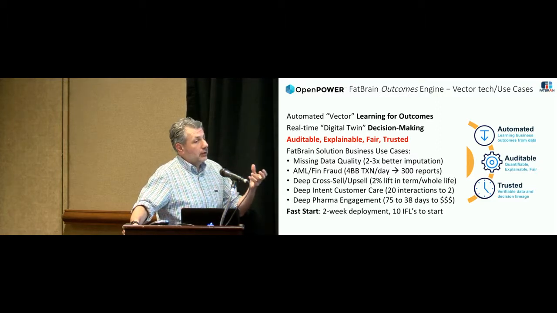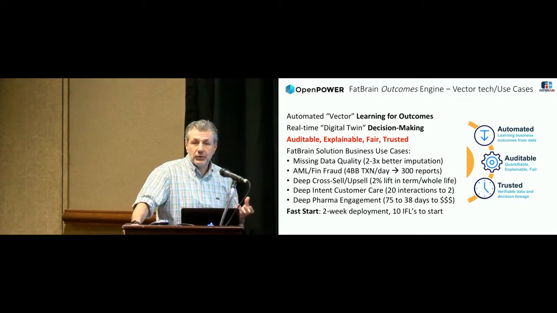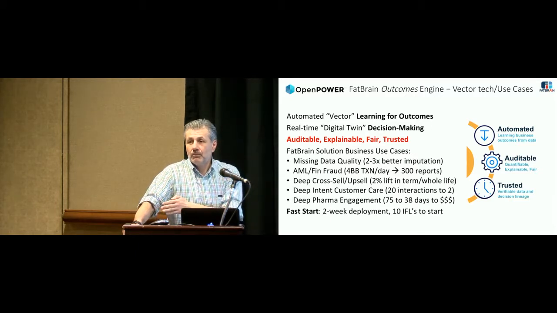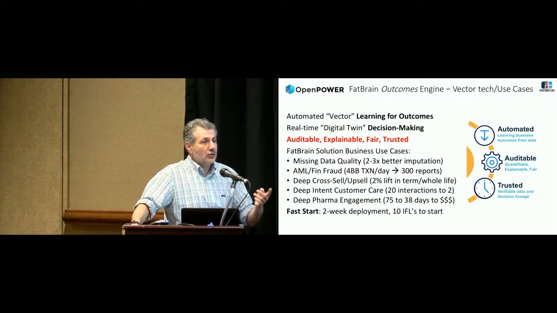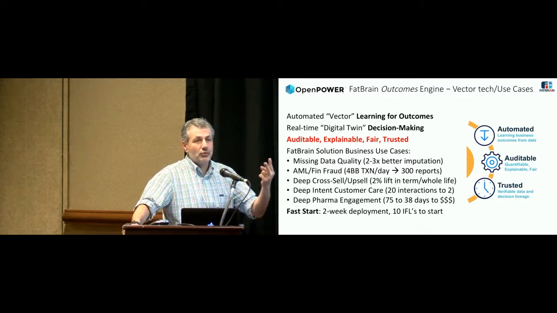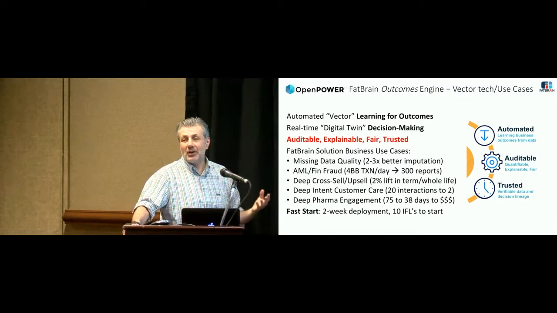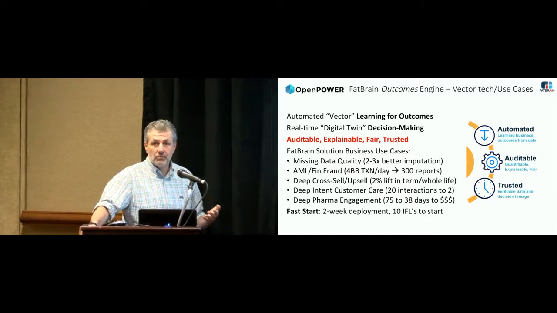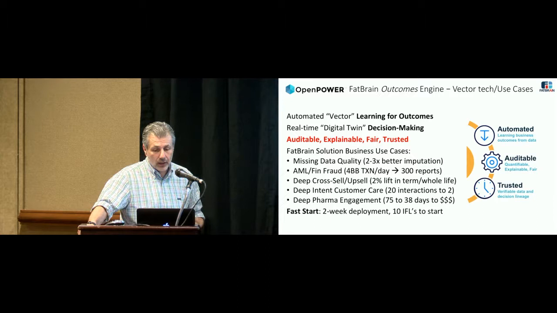We can really uplift cross-sell, upsell for folks. Like if I'm selling a mortgage and I want to sell an auto loan, how do I do that? Because just 1% or 2% lift is going to give me hundreds of millions of dollars normally, even if I'm a small bank, right? So it's a very interesting ability to do that.